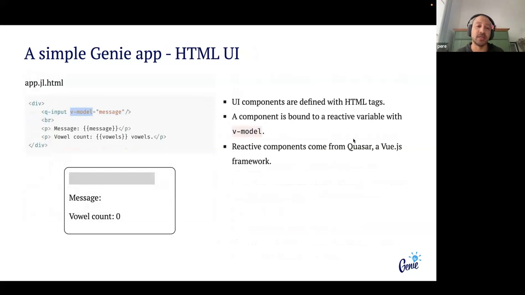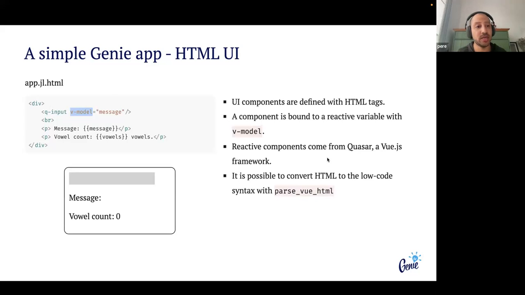And note that these Q components are coming from the Quasar framework, which is a very big library of reactive components. And also, if you come across some example in HTML that you would like to translate to Julia, we also have some helper functions like parse_vue_html that will translate HTML to Julia code.